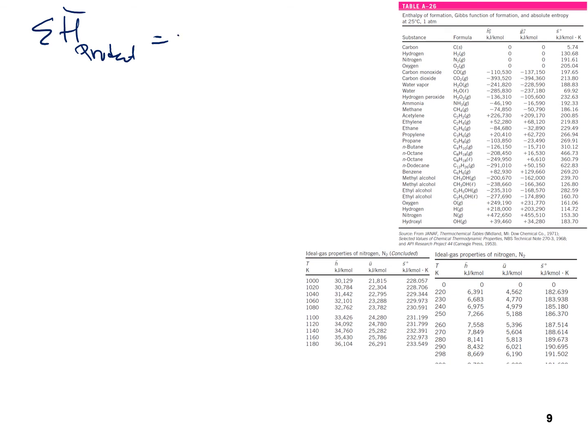Negatif 5284 lagi 282.9 kilojoule per kilomol ya. So, negatif 3486. So, enthalpy for combustion ya, negatif 3486 903.16 ya, kilojoule per kilomol.